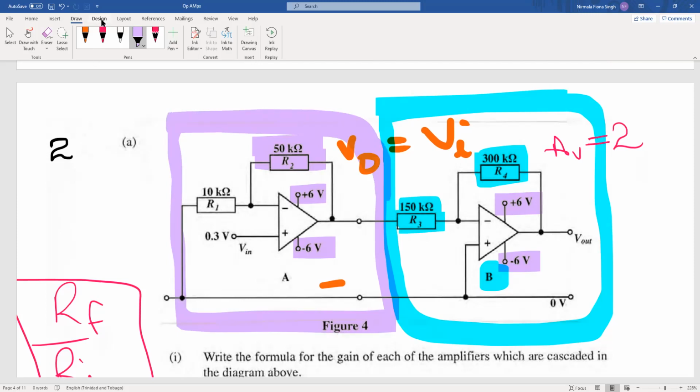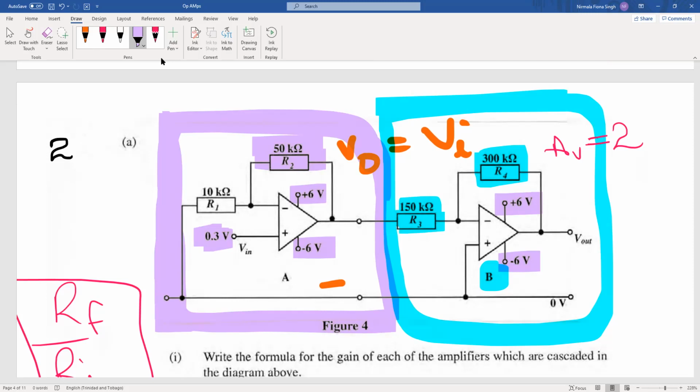What type of input is it going into? Anybody? I guess since I'm saying V in, that's where the input is going in. So what kind of amplifier is this?